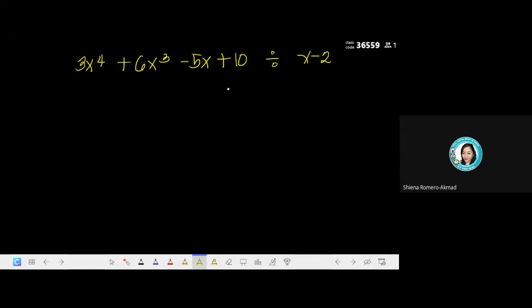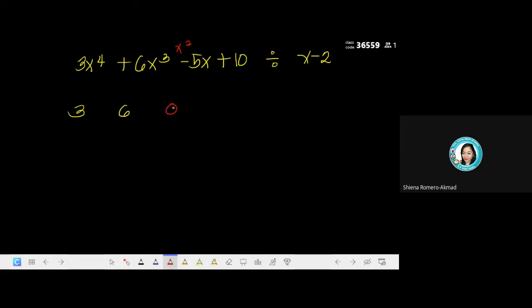Ngayon, meron tayo ditong term na nawawala, and that is x squared. Right? So ang gagawin natin mamaya, kapag kumuha na tayo ng numerical coefficients, yung x squared ay 0. Okay? So let us write the coefficient. We have 3, 6, and ito magiging 0.